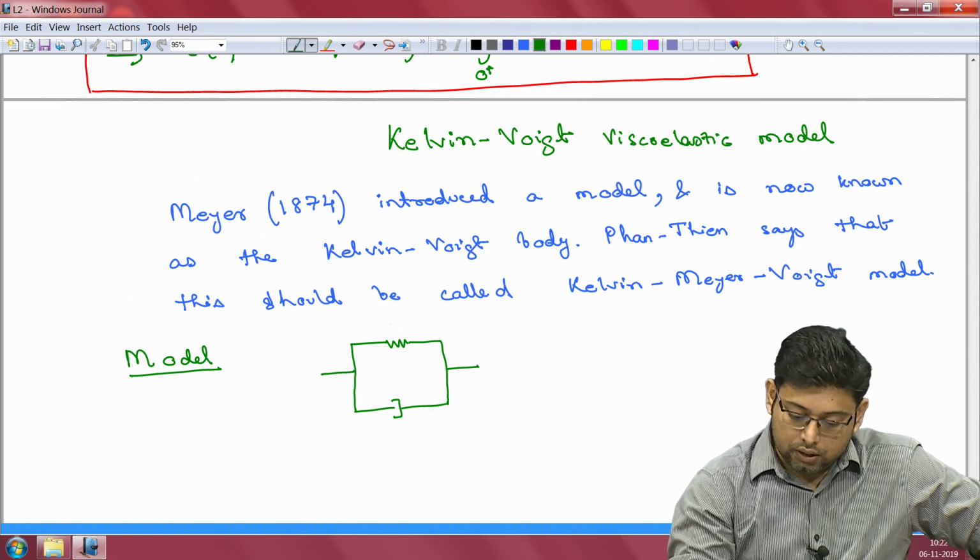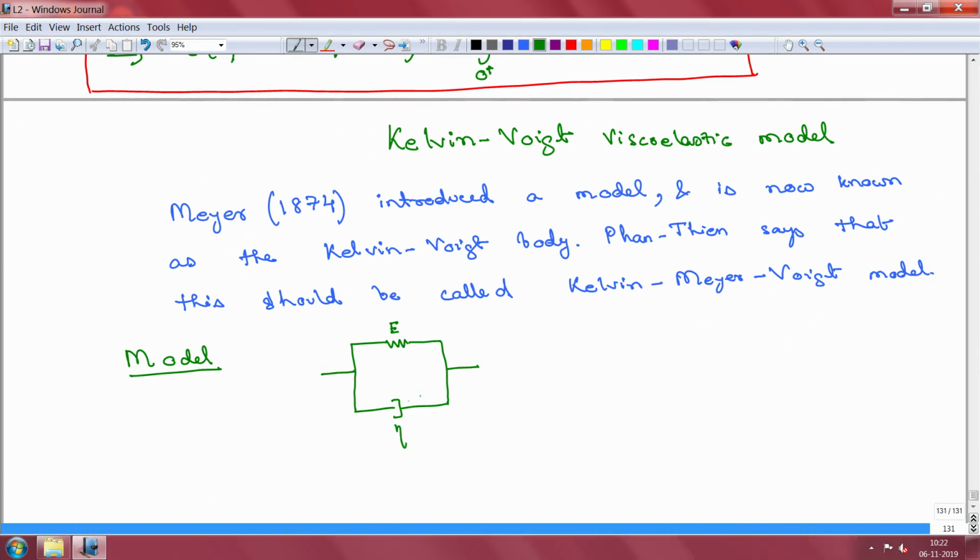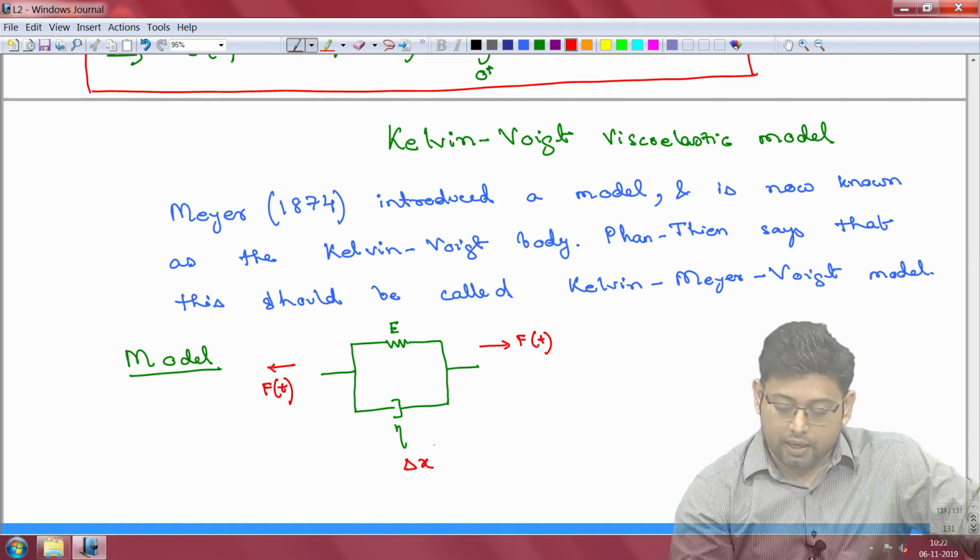So, this is your E, this is your eta, and the two bodies have been placed in parallel. When you apply a force F(t), this undergoes a deformation, let us call it delta x. And then the question is, what is the relationship between F(t) and delta x?